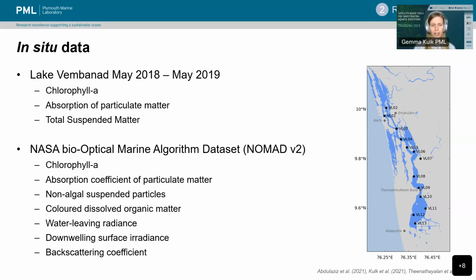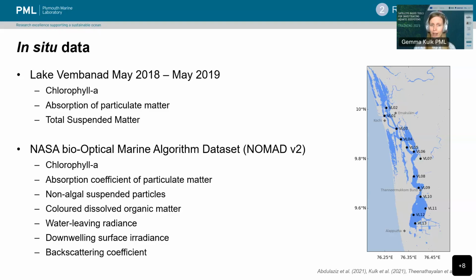The second in situ data set that we used is the NASA Bio-Optical Marine Algorithm Dataset, or NOMAD, which is freely available online, and we used the version 2 dataset for this case study.